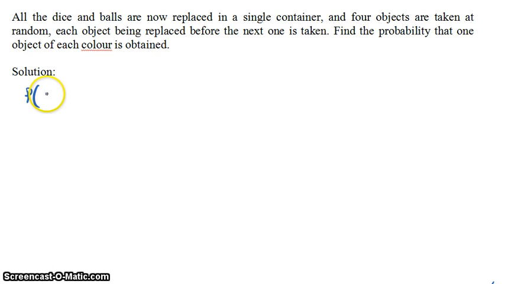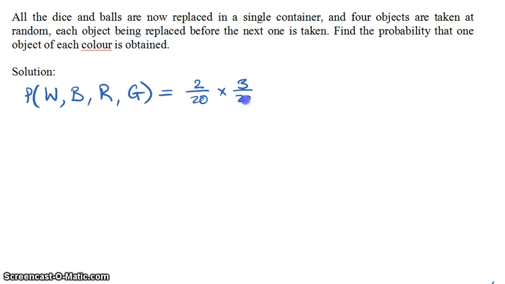What's the probability that I first get a white dice, then a black dice, then a red ball, then a green ball? Well, that's going to be 2 upon 20 times, because it's with replacement, 3 upon 20, 3 black dice, 20 items in the box, times 9 upon 20, 9 red balls, 20 items in the box, times 6 upon 20, 6 green balls, 20 items in the box.